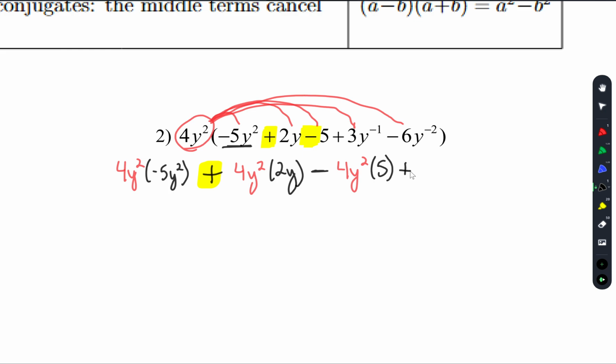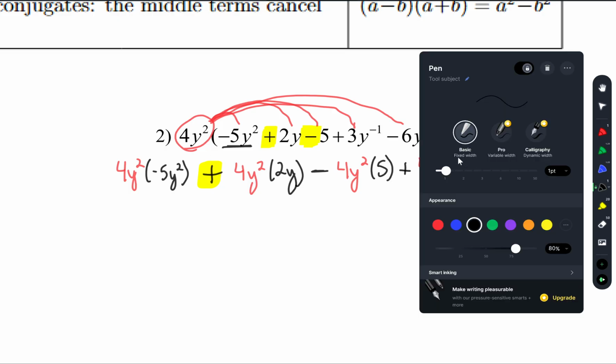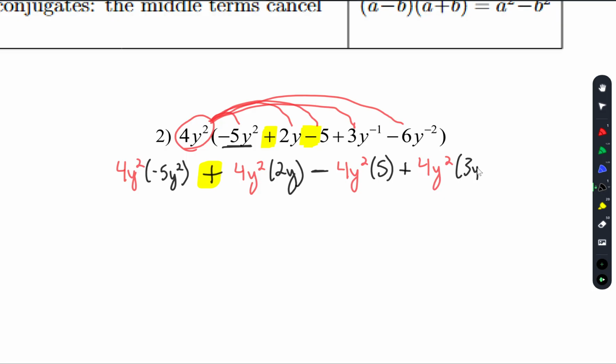And then plus 4y squared times 3y. This one's kind of weird, the negative. And then minus 4y squared times 6y to the -2. So this is what I'm saying. All the signs in between I left.